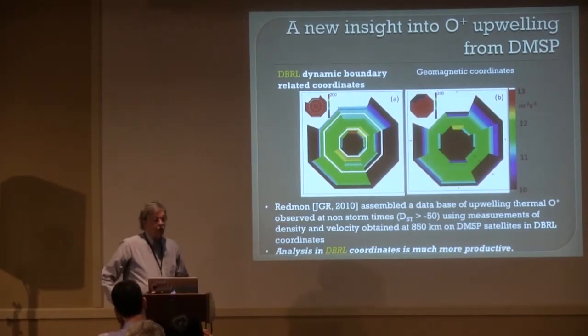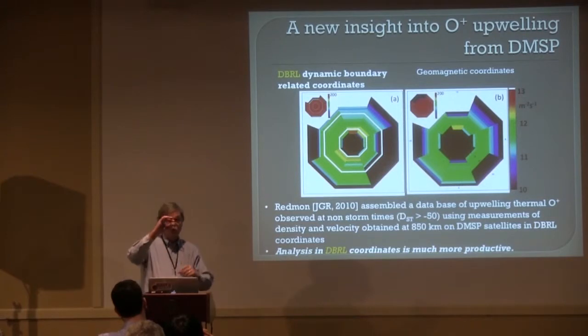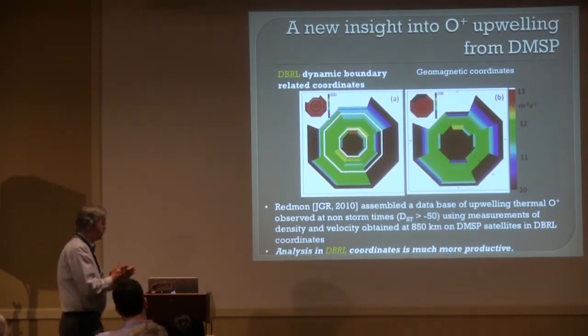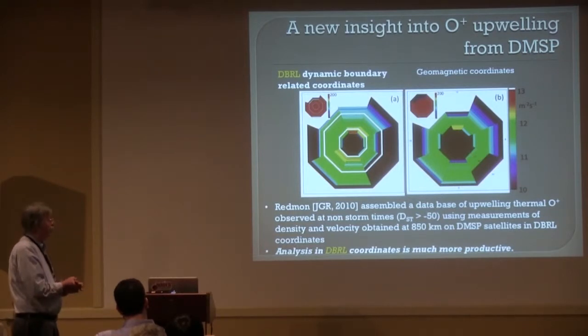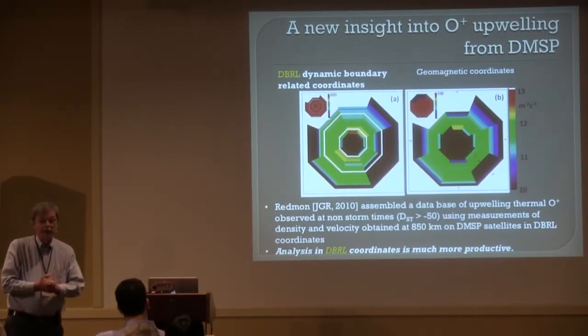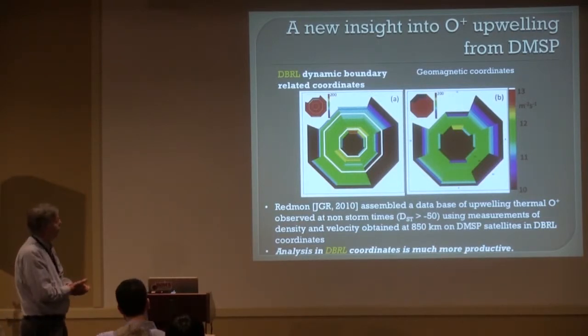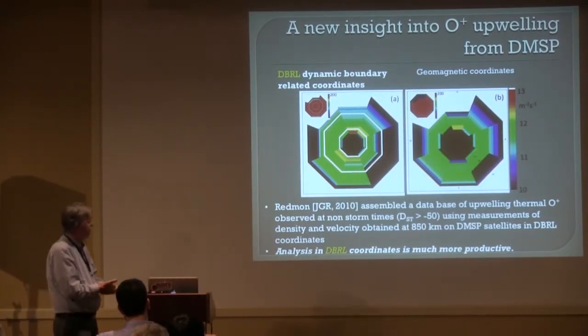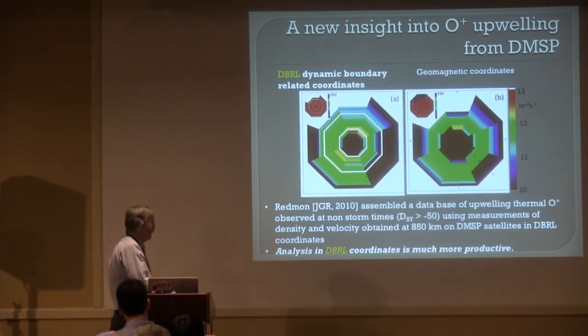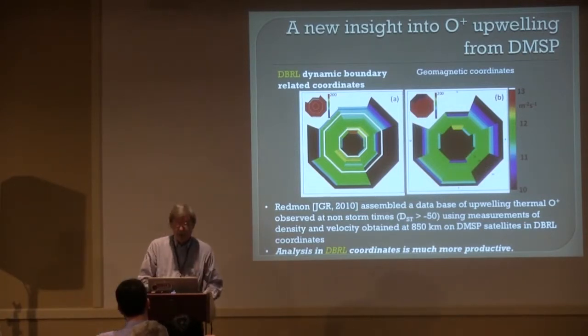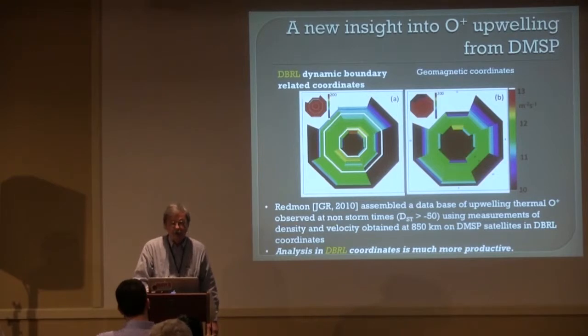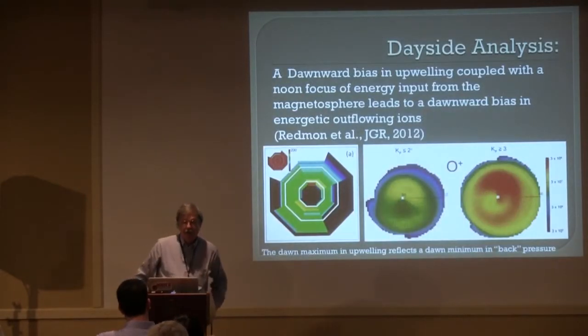And the real auroral zone is not like that. It's squished on the day side and popped on the back, but this is just a representation. And he then wrote a series of papers, and this is the fourth or fifth in it, if he ever gets it out, analyzing this data. And it's a dynamic boundary related coordinates is a productive way to do analysis of ion upwelling.